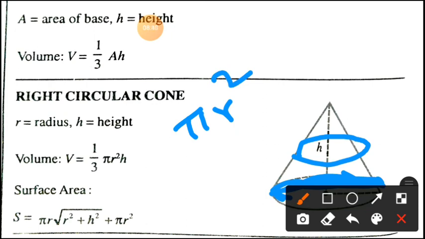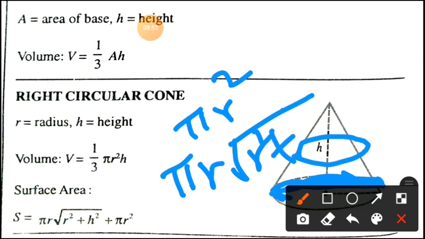And what about this curved surface area? This curved surface area is pi r into root r square plus h square, that is pi r into L, where L means slant height.